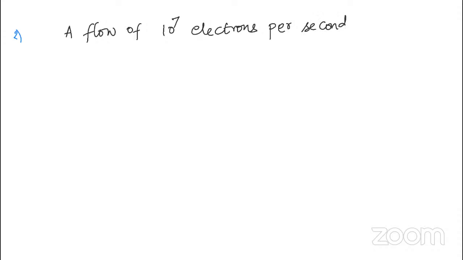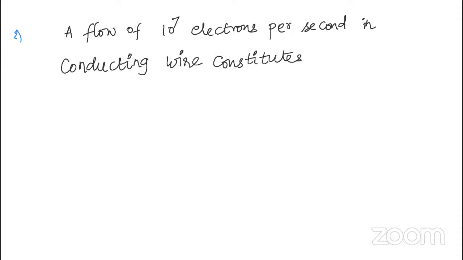Second, a flow of 10 power 7 electrons per second in a conducting wire constitutes a current of.